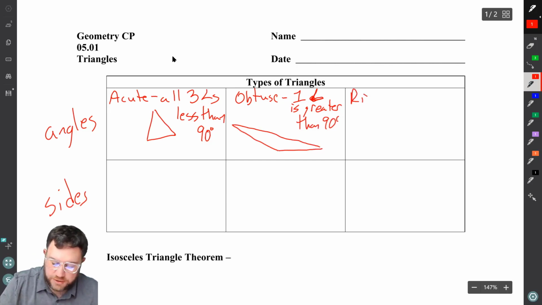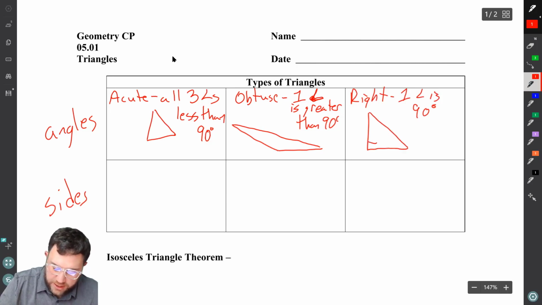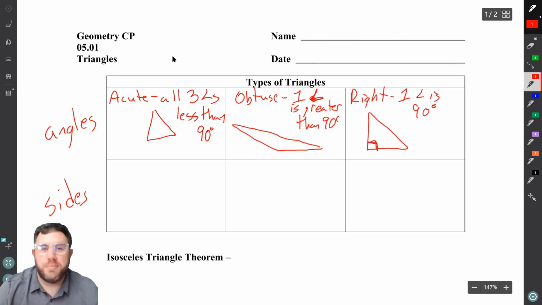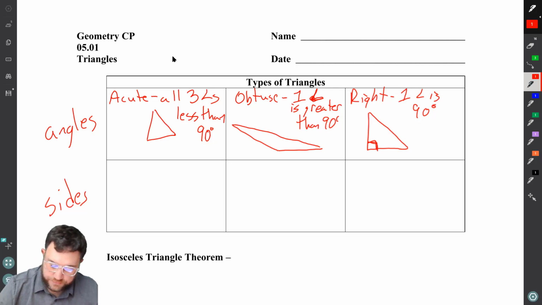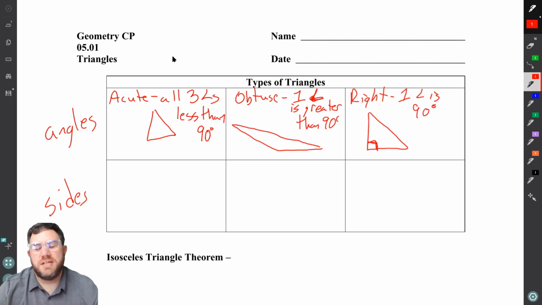And then we have right triangles, to where one angle is 90 degrees. And remember, we indicate that with the little box. That means those 2 sides are perpendicular, and the definition of perpendicular is that they form right angles. So those are the 3 ways to identify or classify a triangle based on its angles.